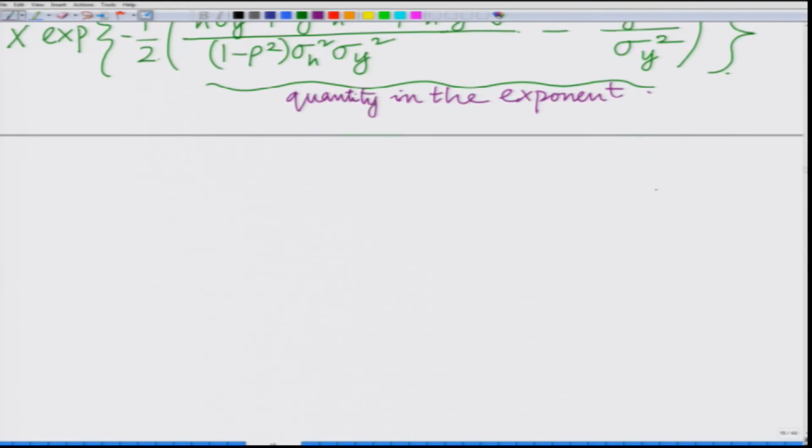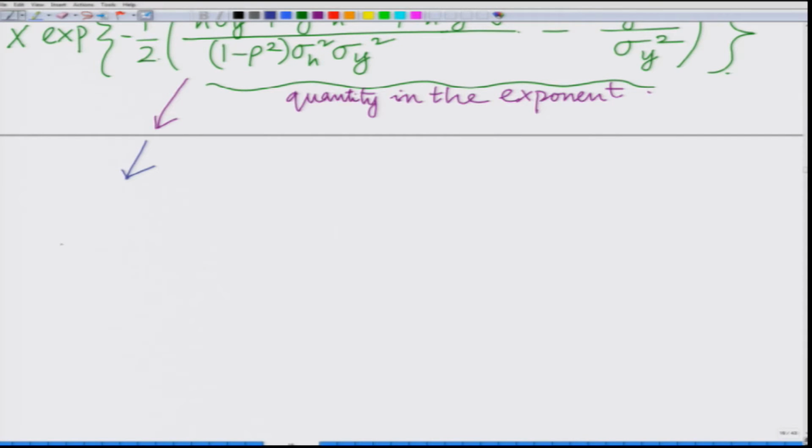Now, let us simplify this quantity in the exponent. I want to first start by simplifying it, and then we can simplify the rest of the expression later. Let me just write it down. It is a bit cumbersome, but this is fundamentally important in MMSE estimation, so it is worth going through this derivation at least once.